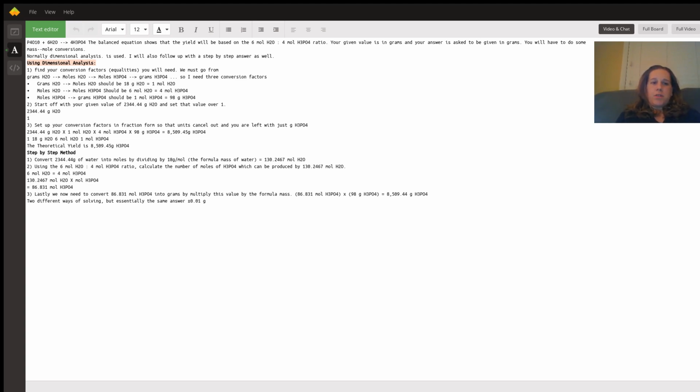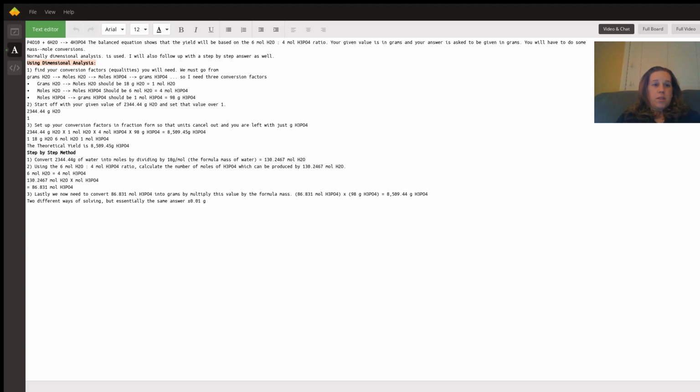What you need to understand is that you need conversion factors. You need to be able to convert grams of water to moles of water, and then convert moles of phosphoric acid to grams of phosphoric acid. The connection between water and phosphoric acid is the coefficients in the balanced equation, which are moles.